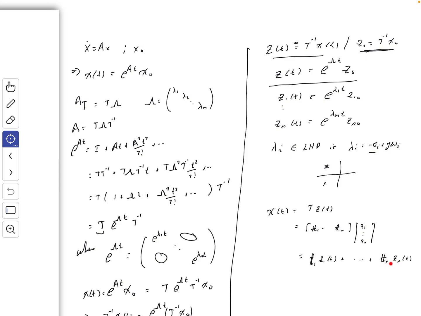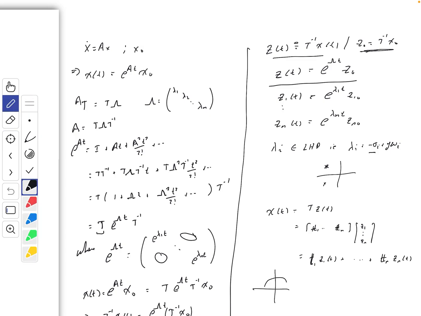It depends on the mode. And by the way, if these are complex conjugate pairs, the eigenvectors will be complex conjugate pairs, and so the complex conjugate part will cancel out. And that's where you get spirals. So spirals, in other words solutions that kind of do this, are due to complex conjugate pairs in the eigenvectors and eigenvalues.